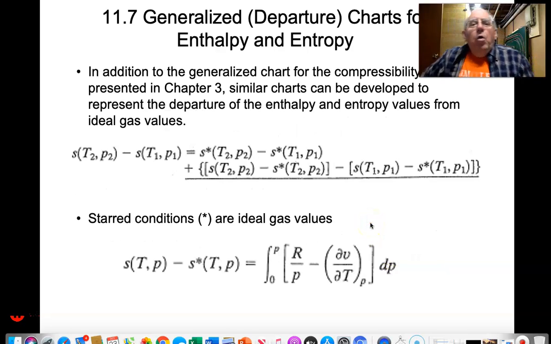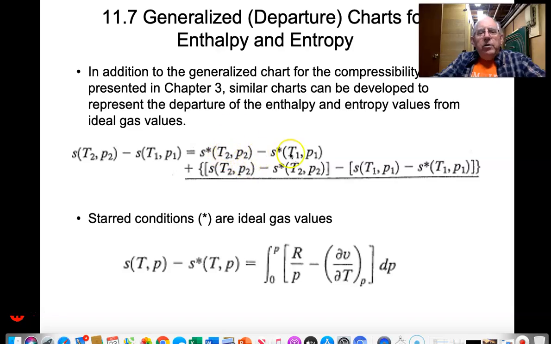Now the same thing holds for entropy. And entropy, we already knew that entropy was a function of both temperature and pressure. But a real gas entropy change between a state point temperature and pressure and another state point temperature and pressure can be written, as we've done before, as the ideal gas change.